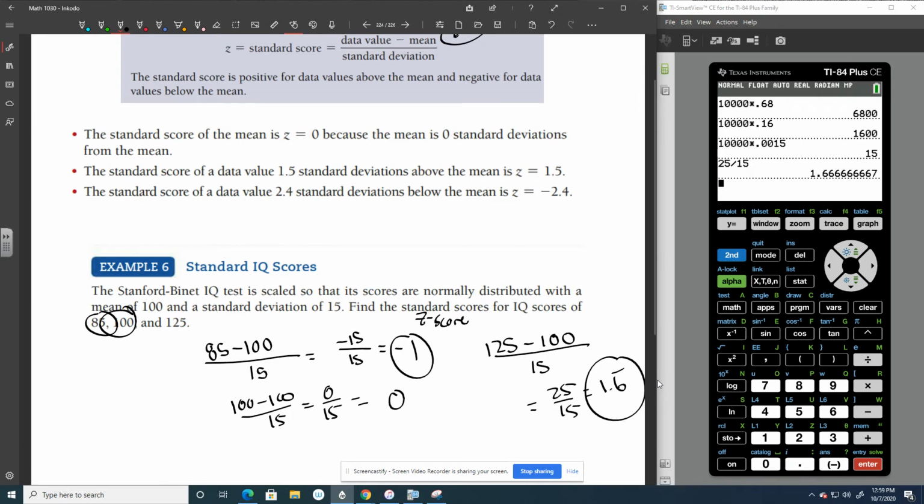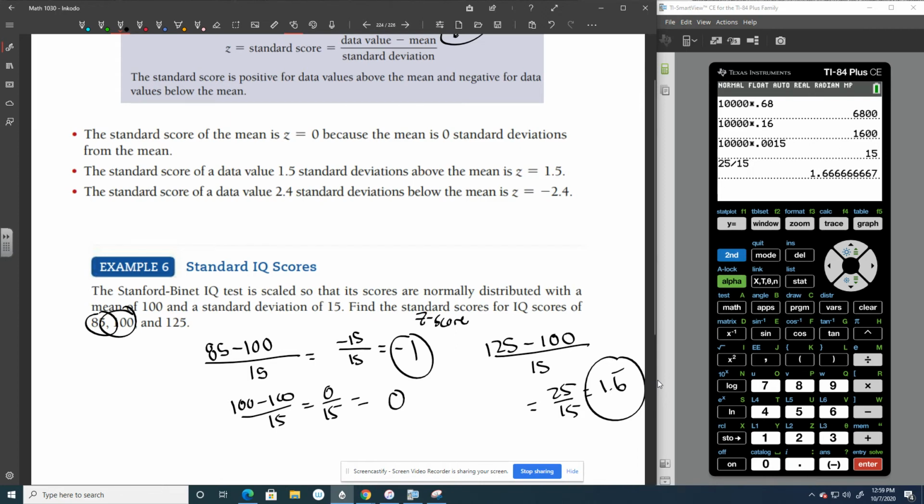Now remember, a standard deviation is the average distance away, okay? So if you are 1 standard deviation away, you are average. You are the average distance from the average score. I know that's a lot of averages in one sentence.